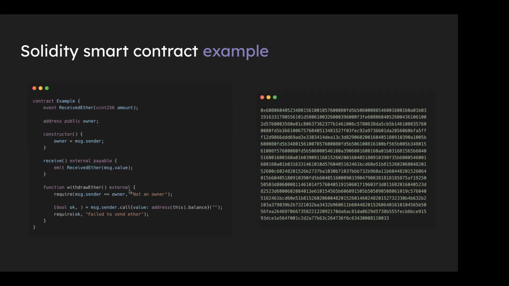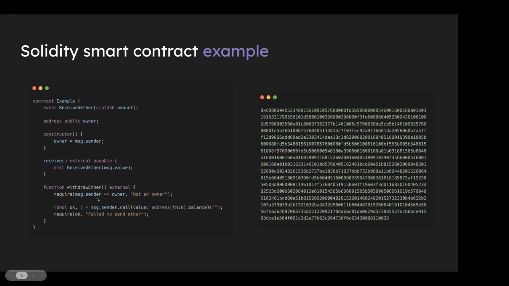And then we have a function that can be called only by the owner of the contract. We have a statement here that requires that the message sender, the one who calls the contract, it is not the original transaction sender, but it is the one who actually called this function.